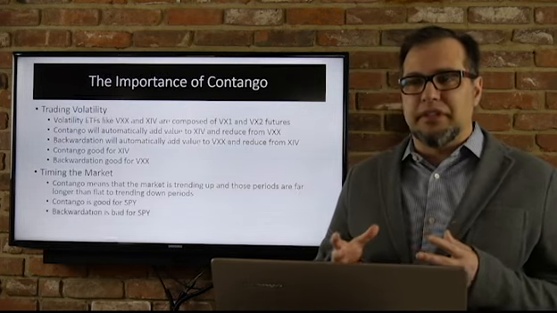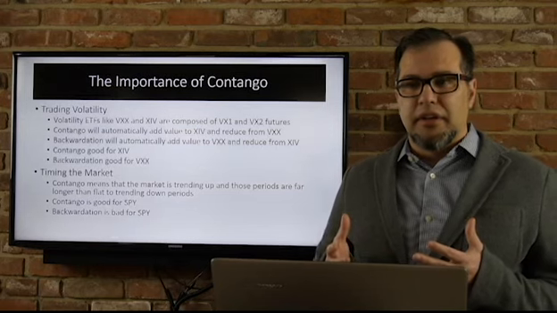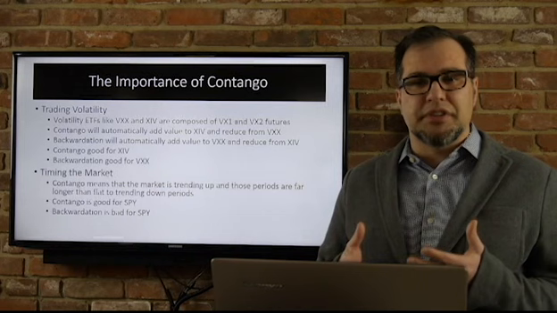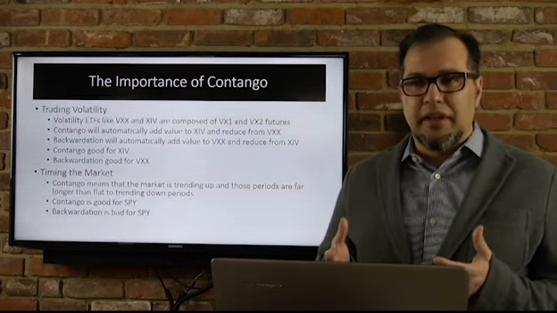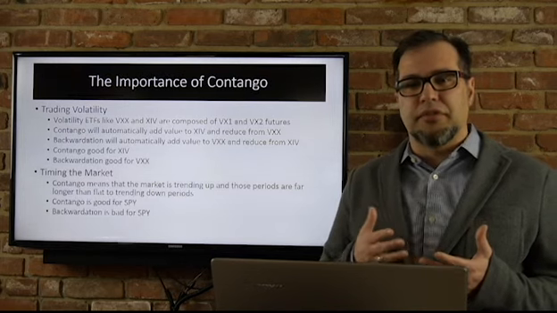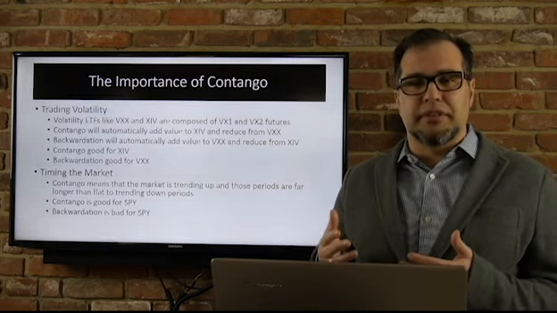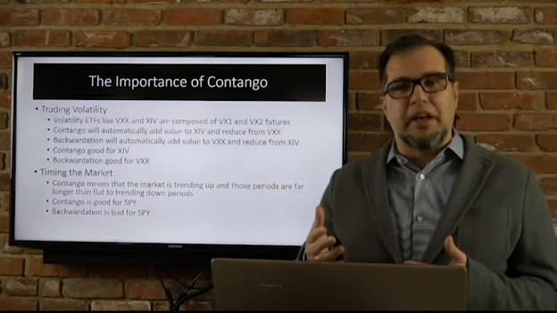Contango also is very important for the volatility ETFs, simply because they are made out of VIX1 and VIX2 futures. As we discussed the XAV and the VXX in a previous introductory video, they hold a mixture of VX1 and VX2 futures, and they will sell a little bit of the VX1 future, and they will buy a little bit of the VX2.